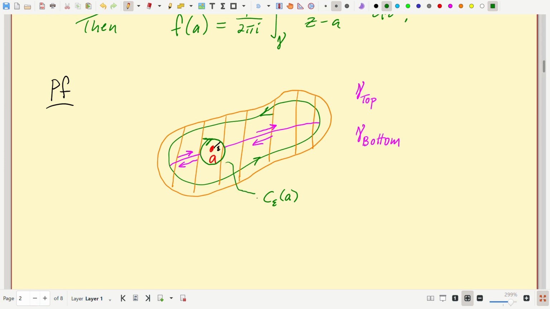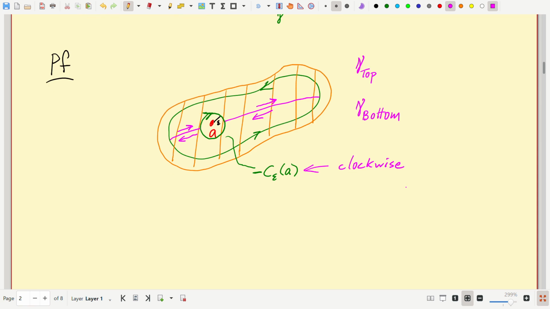But since it's clockwise, I'm going to put a minus in front of it to emphasize that it's going clockwise. Not my usual orientation.